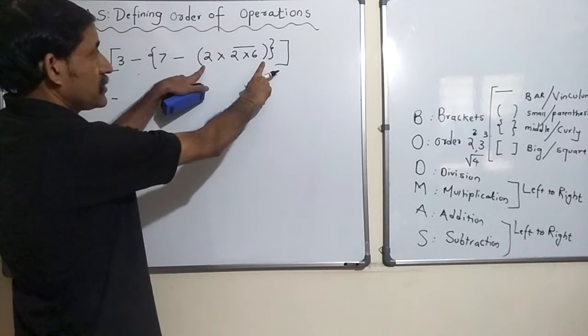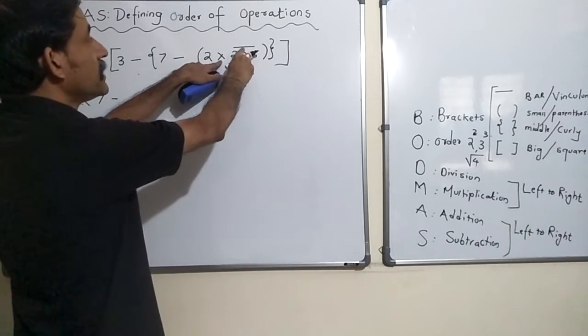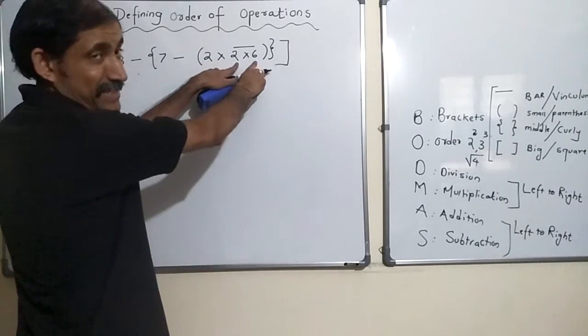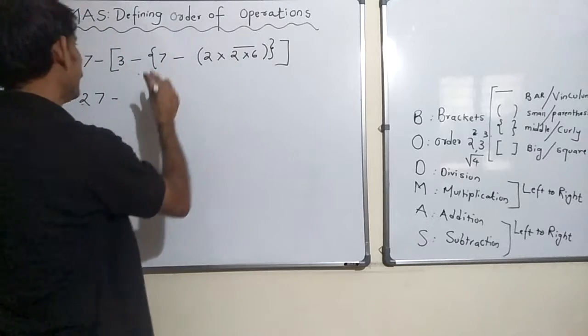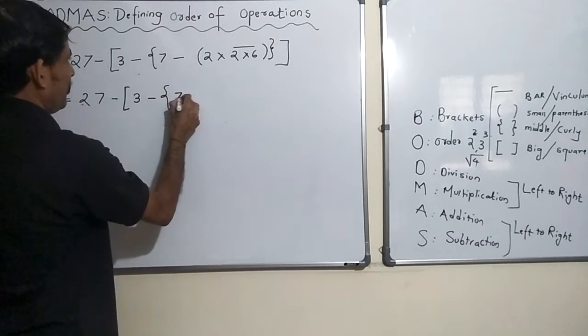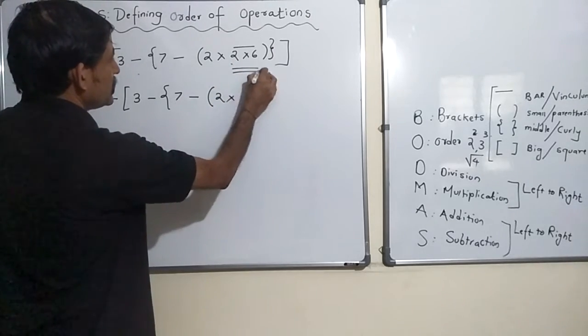So now I apply BODMAS inside this. So multiplication is there, but there is another bracket, right? So as per BODMAS I should solve this first, right? So let's solve this first. So I am solving this first, so it becomes 12.